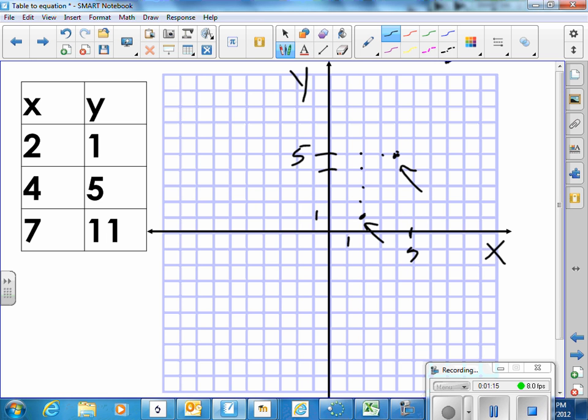So to go the other direction, I would go back down 4. 1, 2, 3, 4. Right there.